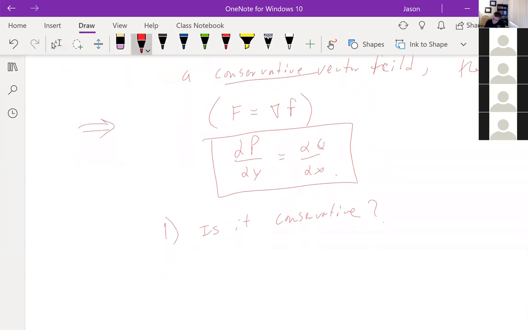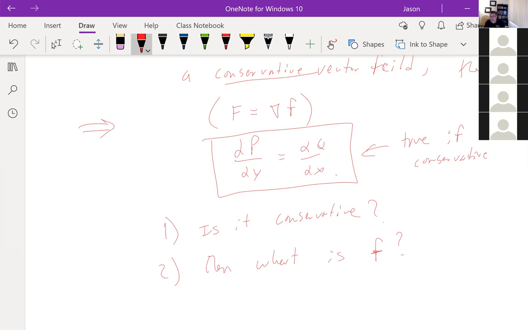And the second one is, then what is little f? Well, if it's conservative, that's true.